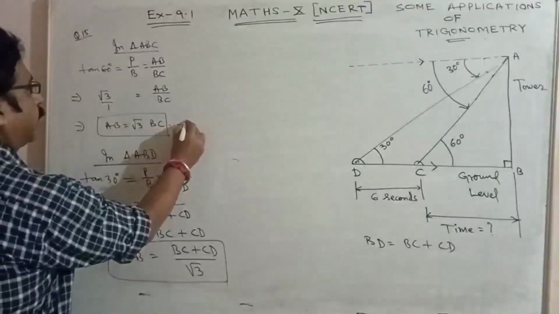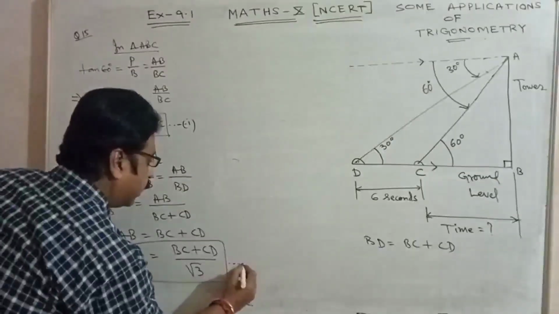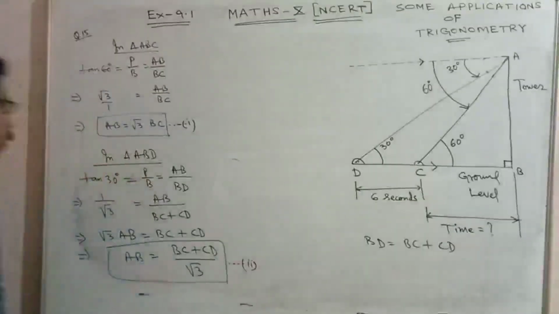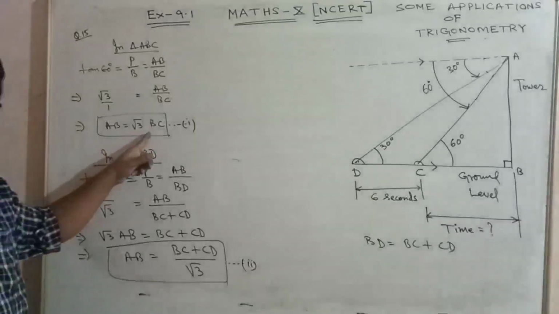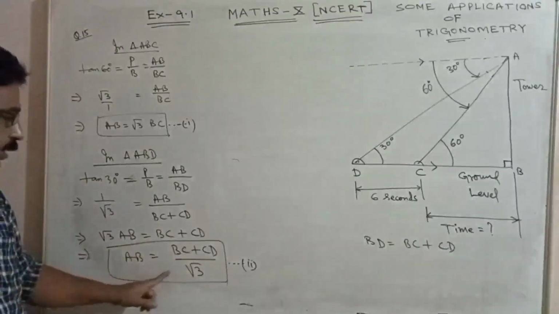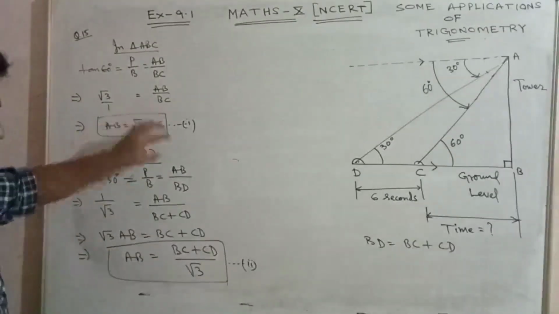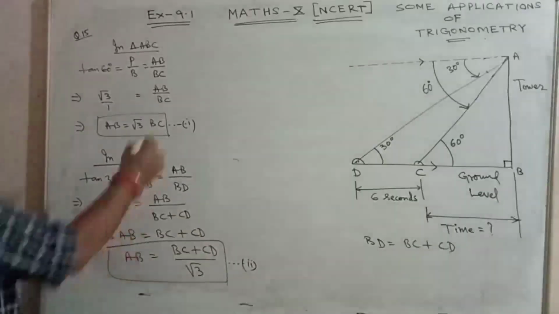Suppose this is equation 1 and this is equation 2. For equation 1 AB we got something, equation 2 also AB we got something. That means this right side and this right side will be same.